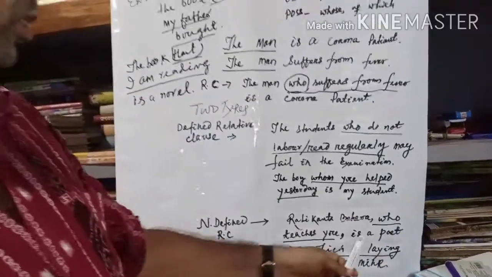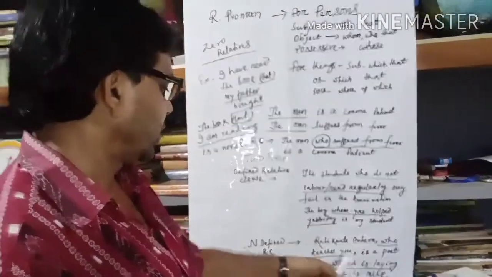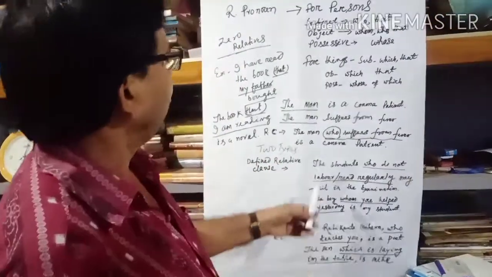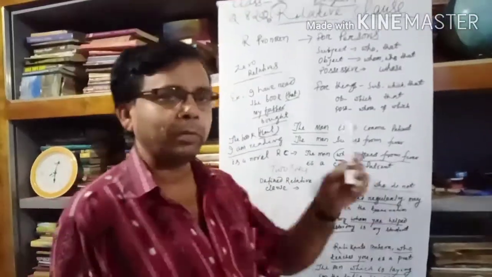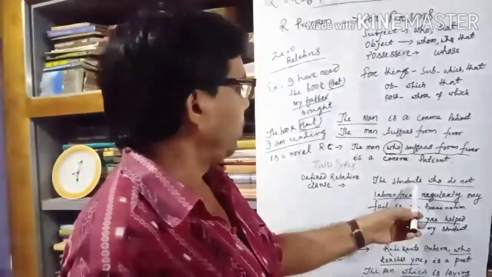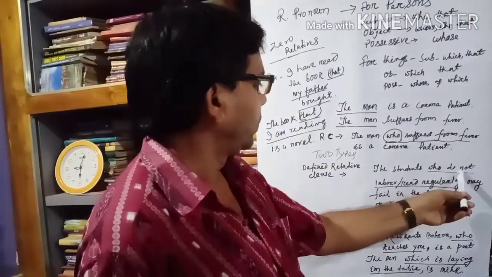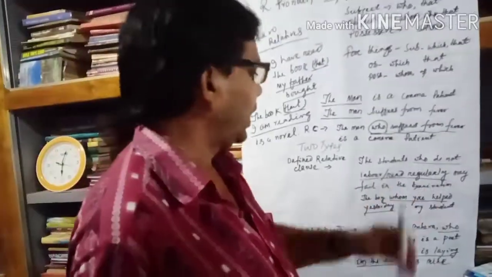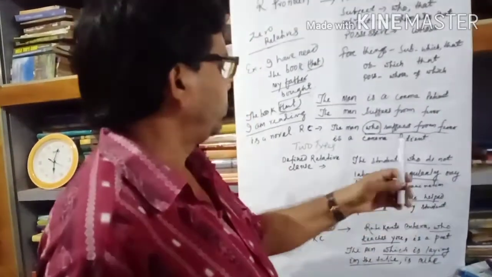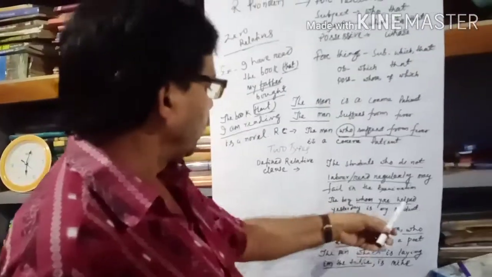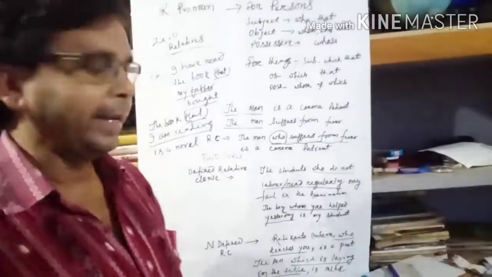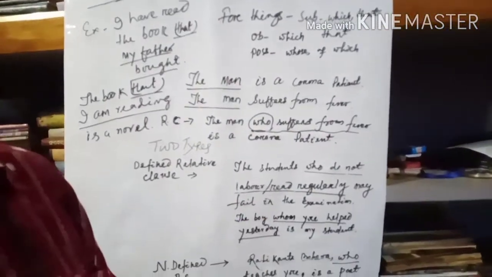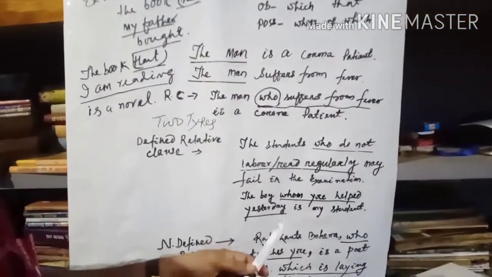It simply means who teaches you is a non-essential part of the clause. But in case of defined relative clause, you can never drop the relative clause who do not labor regularly. If you drop whom you helped yesterday, then the clause will be meaningless, will not make any sense.